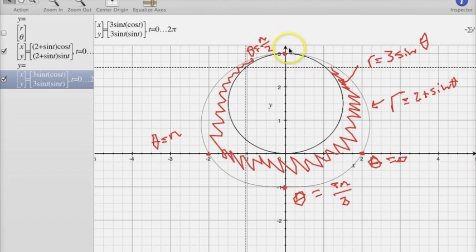But since both of these curves are symmetrical, what we can do is find the area of the outside curve between pi over 2 up here, where they both intersect, and then we're going to prove that they intersect there algebraically, down here to 3 pi over 2, and that's half of the area, and then subtract from that the semicircle under here between pi over 2 and 3 pi over 2.